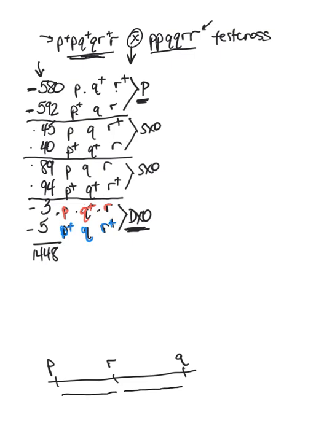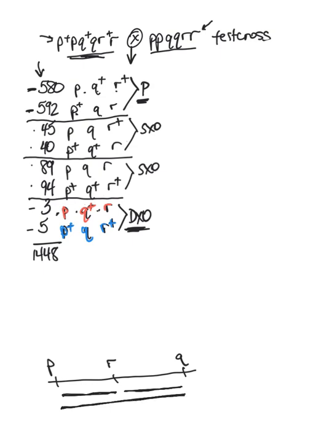The third distance is from one outside gene to the other, from P to Q, this entire distance. Okay, and as we saw in that video about additive maps, the P to R distance plus the R to Q distance should equal the P to Q distance.